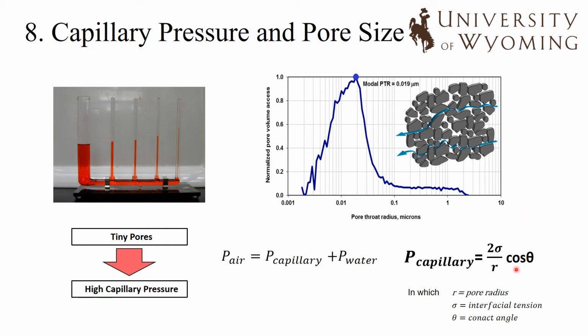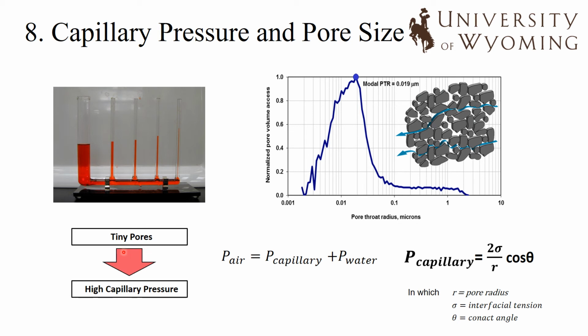The other equation is 2 sigma cosine theta over r, and generally we use this equation for cylindrical tubes like this. So sigma is the interfacial tension between the two fluids, r is the radius of the tube, and theta is the contact angle between the two fluids and the tube itself.